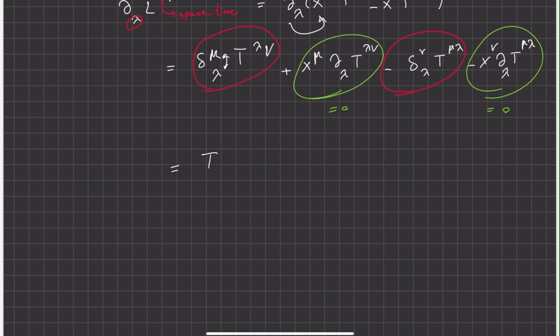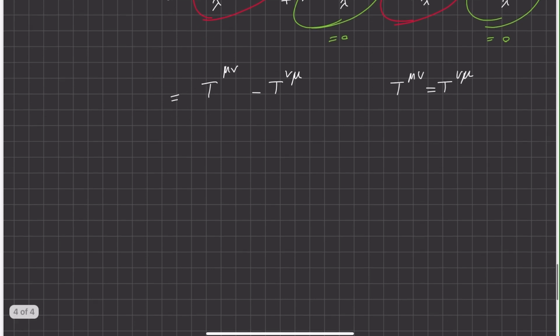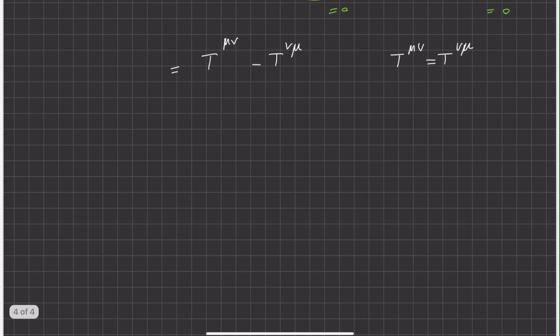So it would be t mu nu minus t nu mu. And in general, we can't say this expression is equal to 0 unless we know t mu nu is equal to t nu mu. But we're going to show that this is not the case here.